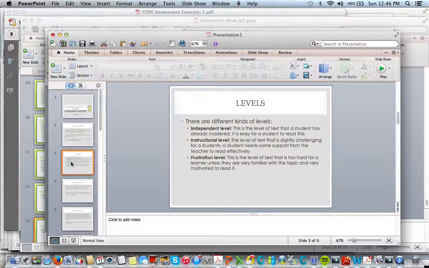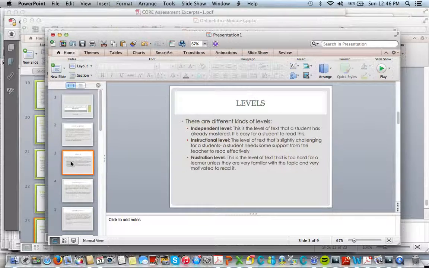Which level is easy for your learner? So for example, for a first grade learner, is a first grade level their independent level or not? So are they reading independently at the first grade level, or are they reading independently at the kindergarten level? So that's just an example. This is an easy text for your student to read.